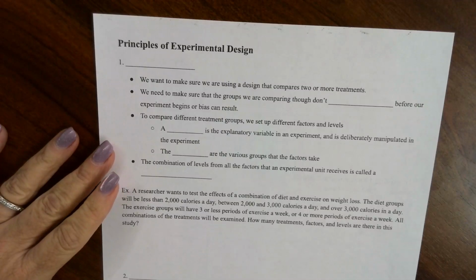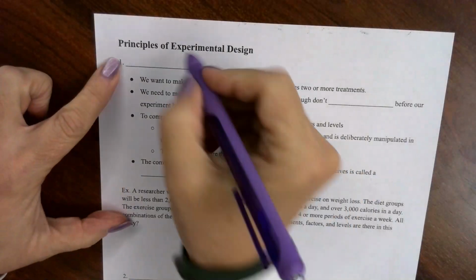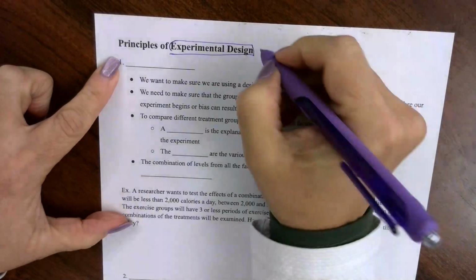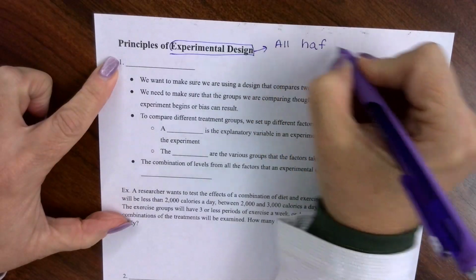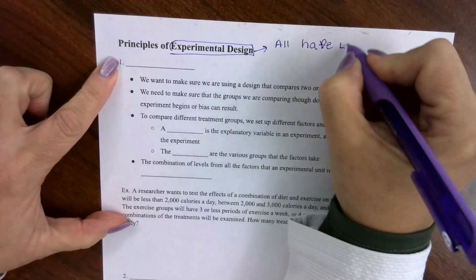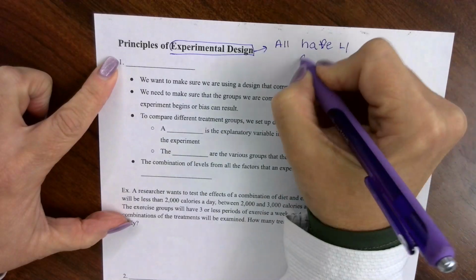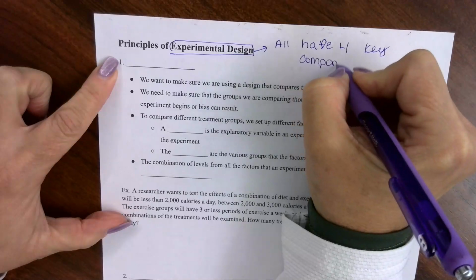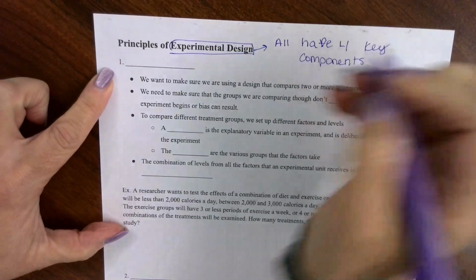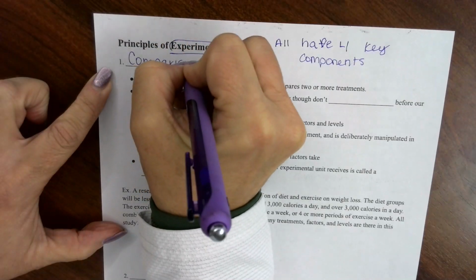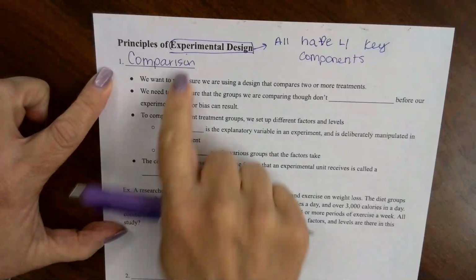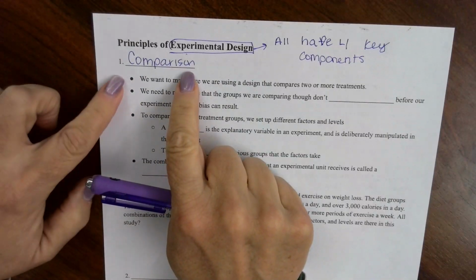All right. So when we have an experimental design, super important, all experimental designs have 4 key components. Okay, the first one has to be comparison. So for us to actually do an experiment, we have to compare different things.